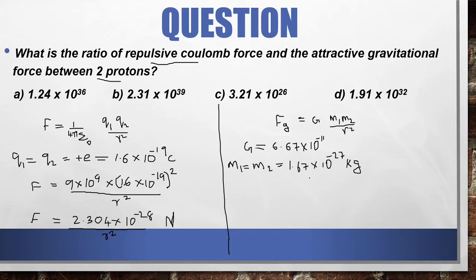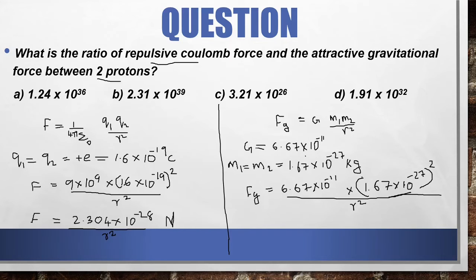So this is the mass of the proton. Now let's apply these values in this equation. By applying the values, we get 6.67 into 10 raised to minus 11 into 1.67 into 10 raised to minus 27 all square by r square.